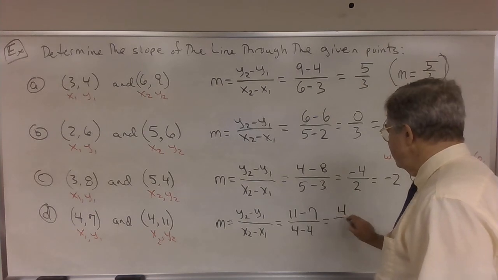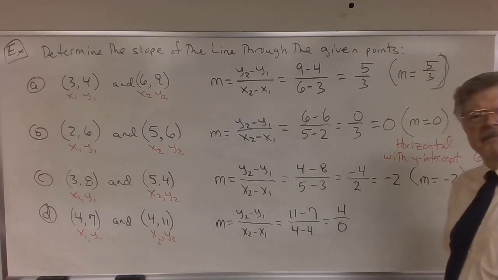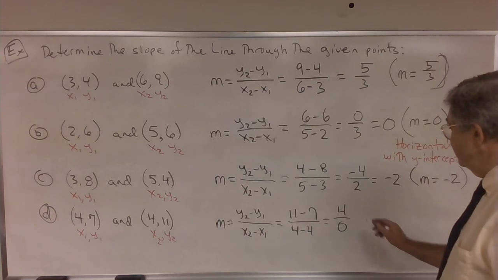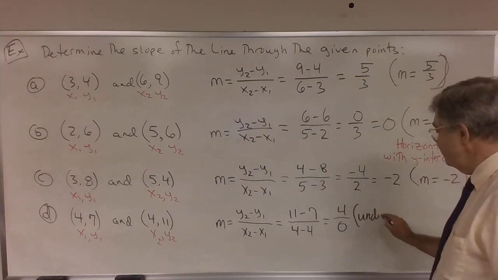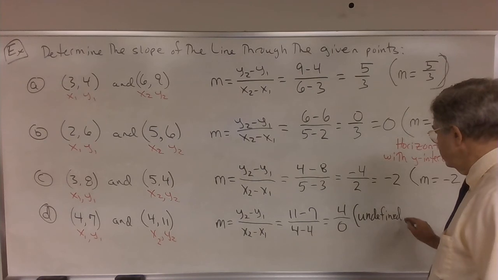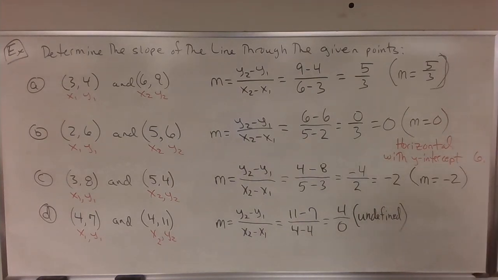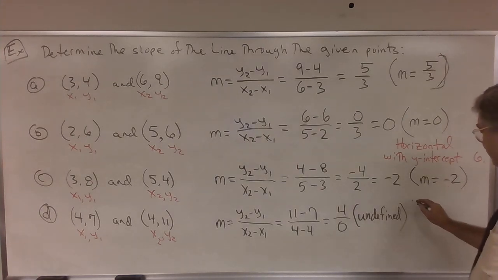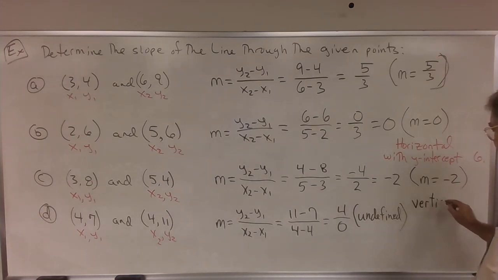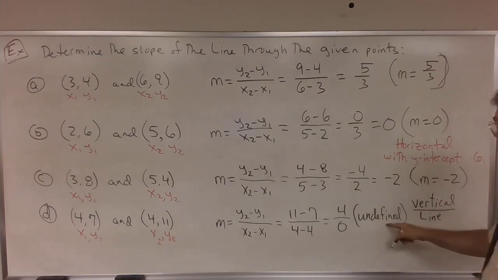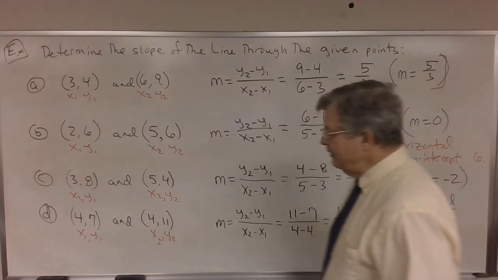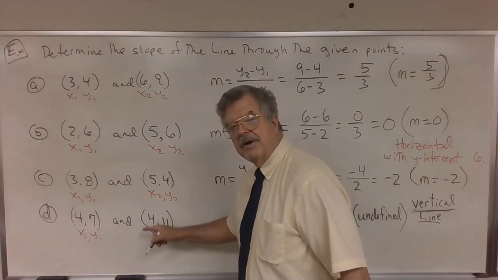So we get 4 over 0. What do you make of that? 4 divided by 0. Well, that's undefined, isn't it? And when the slope is undefined, that means we have a vertical line. Undefined slope, vertical line. And that vertical line will pass through the x-coordinate 4.